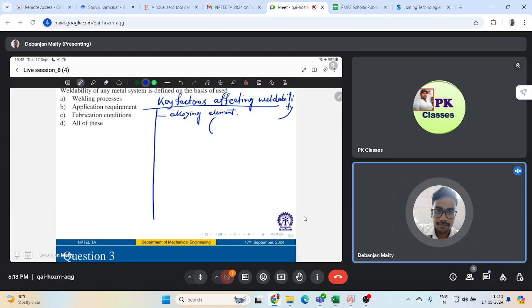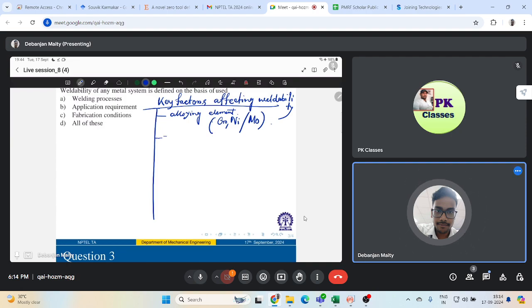For example, alloy steels may require special welding techniques due to some hardening behavior, or there is some inherent brittleness in highly alloyed steel if you are mixing chromium or nickel or molybdenum. So they will greatly affect the weldability of the structure.